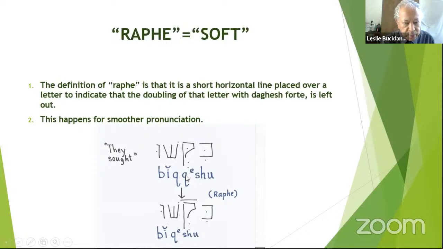Q, Q. But when the Rafe is written over the consonant that had the dagesh forte in it, the dagesh forte has to be taken out of it. So there is no effect of doubling the kof. There's only one Q now. And this is done for a smoother pronunciation.